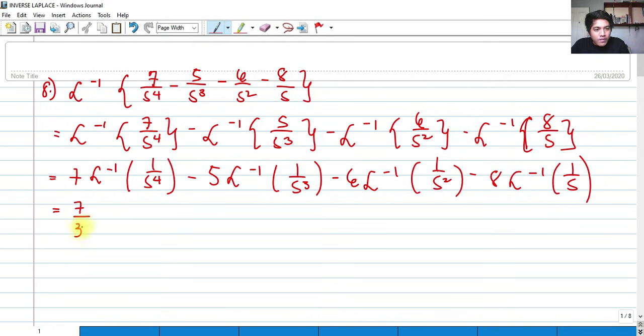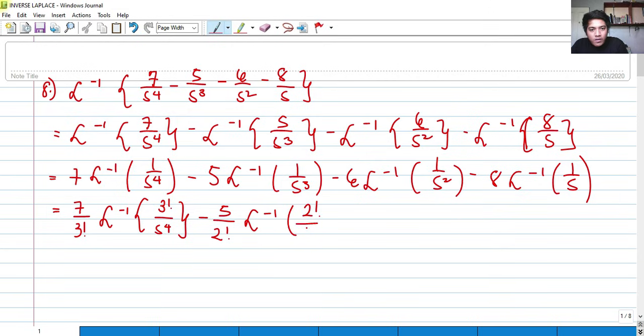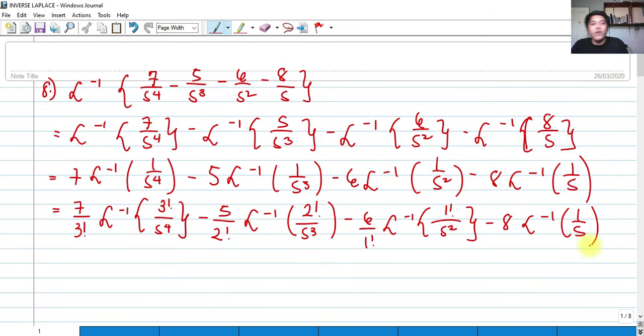So we have 7 over 3 factorial, then we have inverse Laplace of 3 factorial over s raised to 4. We have 5 over 2 factorial inverse Laplace of 2 factorial over s cubed minus 6 over 1 factorial of the inverse Laplace of 1 factorial over s squared, minus 8 inverse Laplace transform of 1 over s.